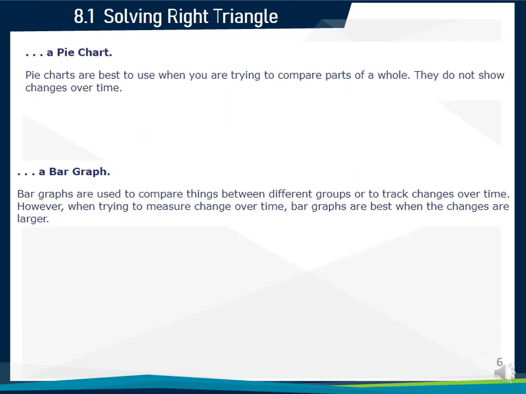Okay, now guys, we have one new thing. We have a pie chart. We studied pie chart, or we can say circle graph. And we have a bar graph. What is the difference between pie chart and bar graph, and when can we use pie chart and when can we use bar graph, or what is the best choice? How can we know what is the best choice for the data?